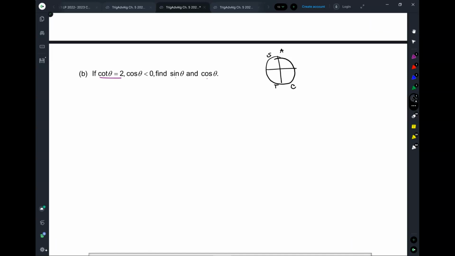Okay, now you're given two things. You're given cotangent of theta equals 2. That means cotangent is positive. Okay, cotangent is like tangent. It's positive here and here.